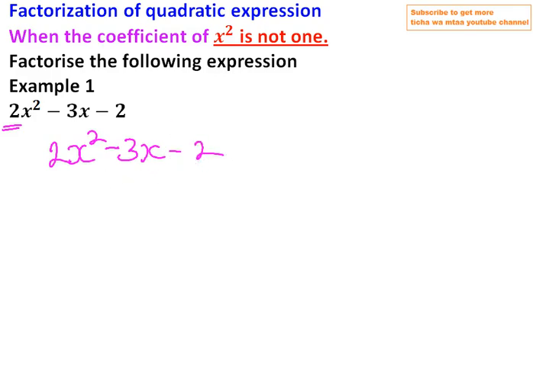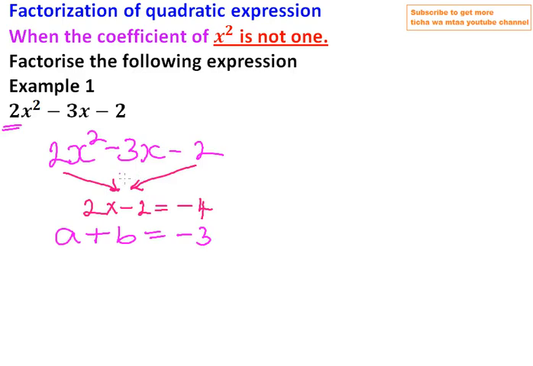The first thing that we do is to multiply the coefficient of x squared and the constant. So we have 2 multiplied by minus 2, which is minus 4. Once you get minus 4, you find two numbers, let's say a and b, such that when you add a and b, they give you minus 3, which is the coefficient of x.